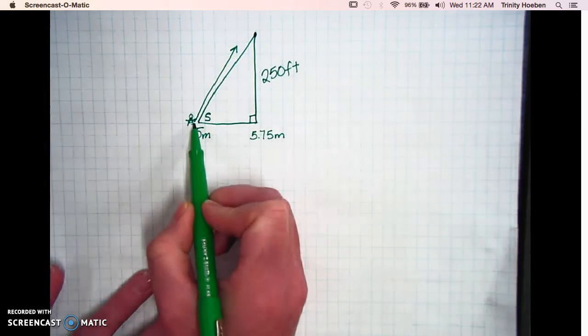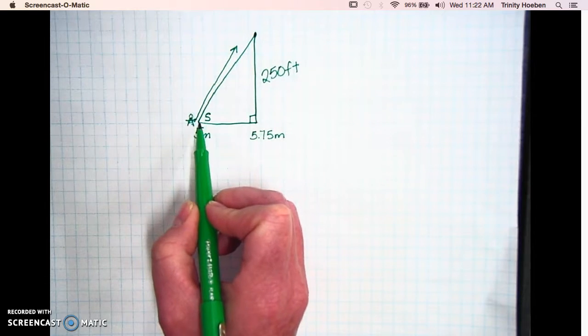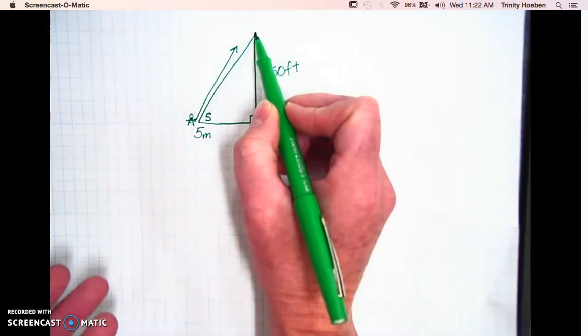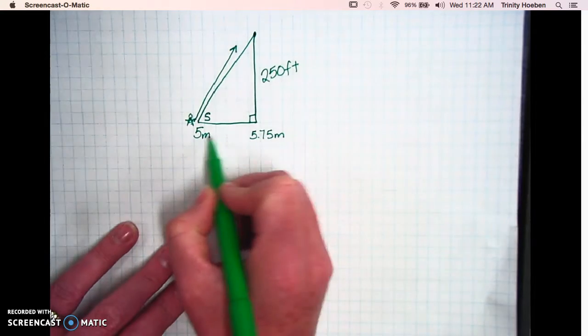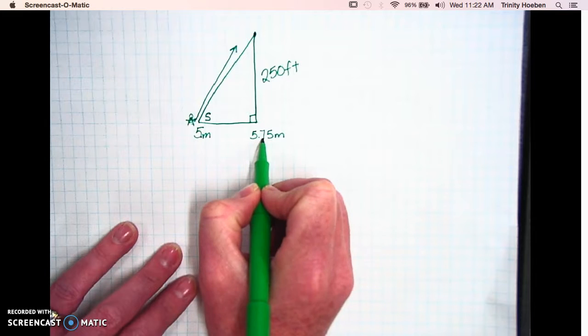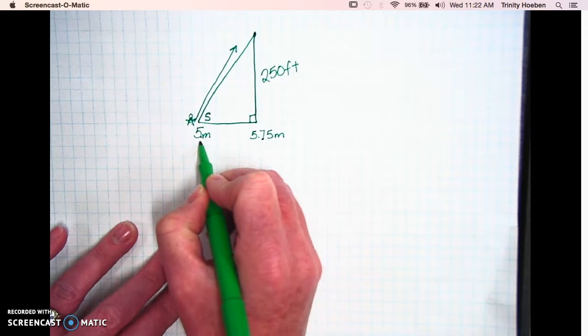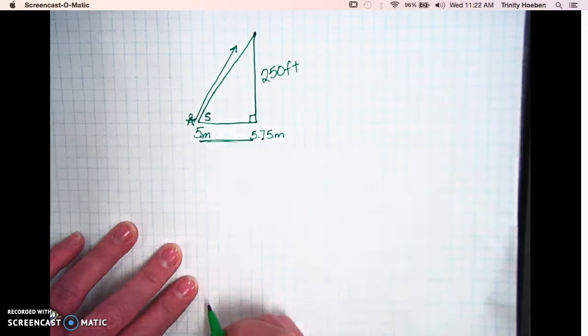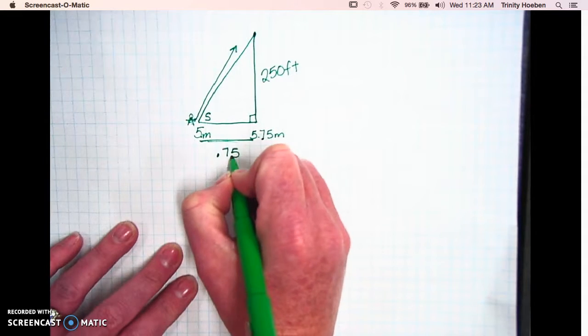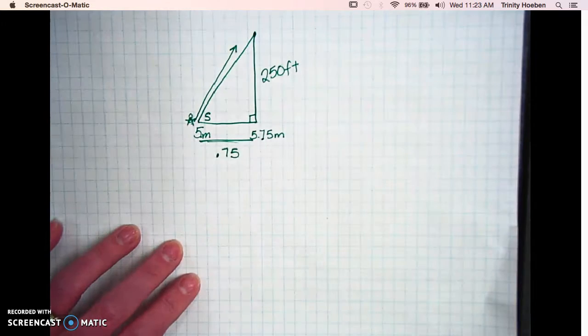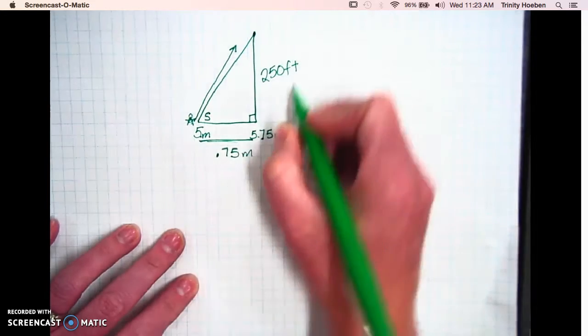So basically you're going from sea level up to 250 feet in elevation. All right? From 5 miles to 5.75 miles, how many miles are happening in here? 0.75, okay? So we need to calculate how many feet that is.